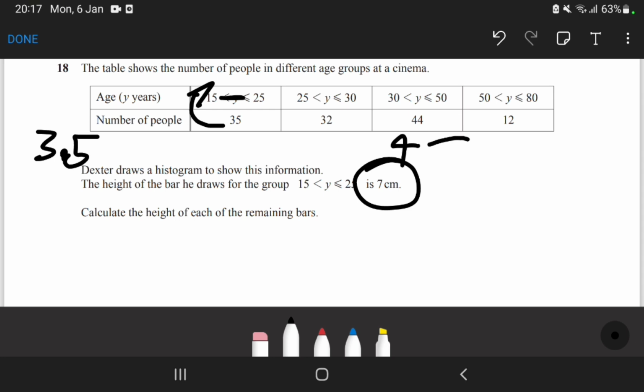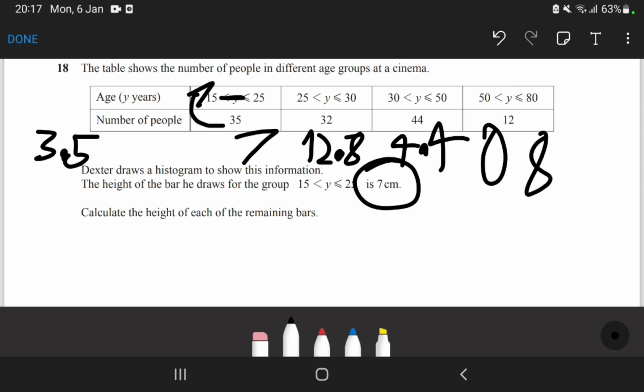So 4.4, and then the one before was 12.8. This is 7. And the last one is 12 divided by 30, then multiplied by 2, which is 0.8.